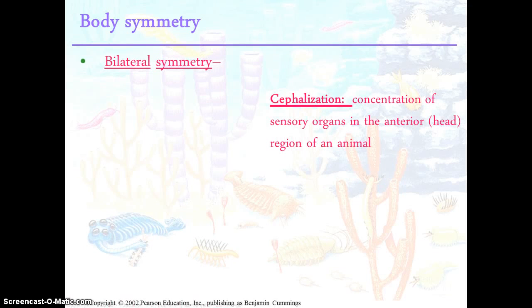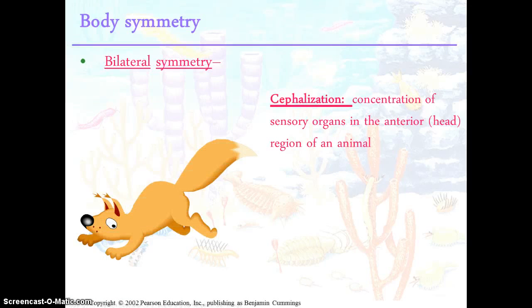Now, in bilateral symmetry, you have something called cephalization in some of our more complex animals as well. So this happens just with bilateral symmetrical animals. The cephalization process is where you have sensory organs that are going to be located in the anterior region of the animal.